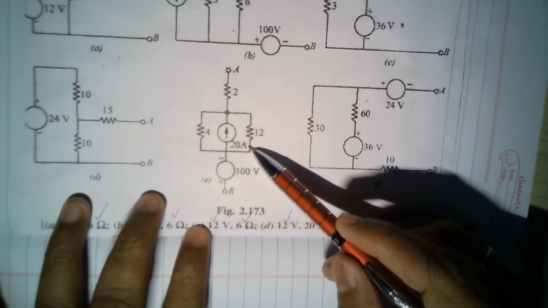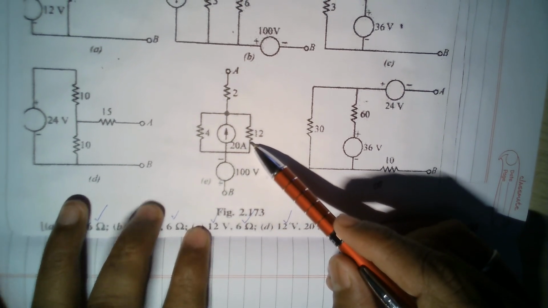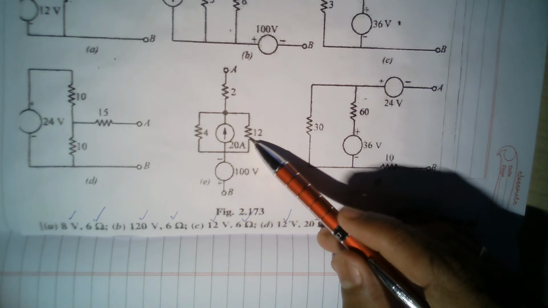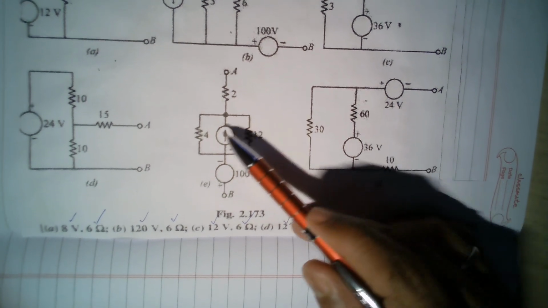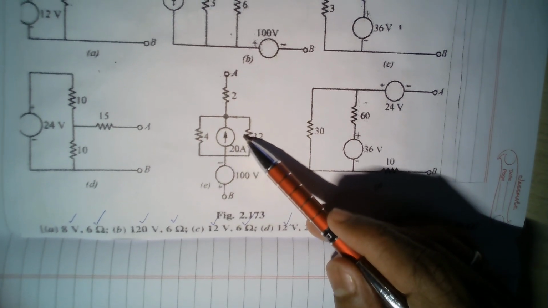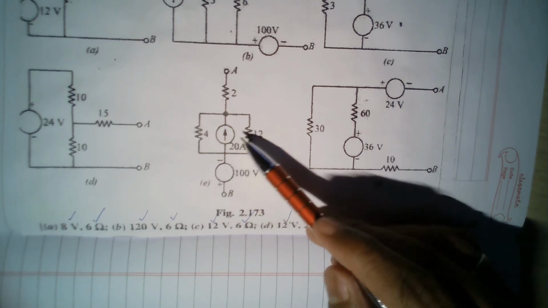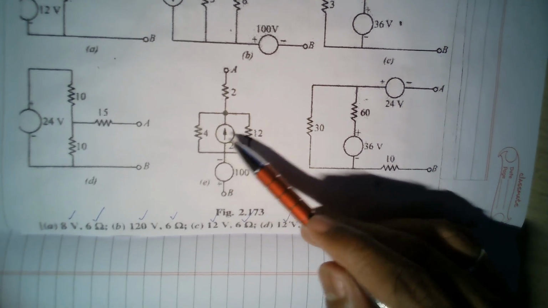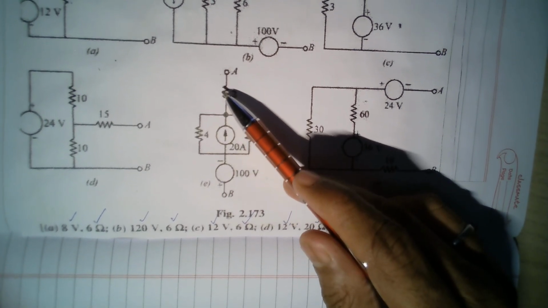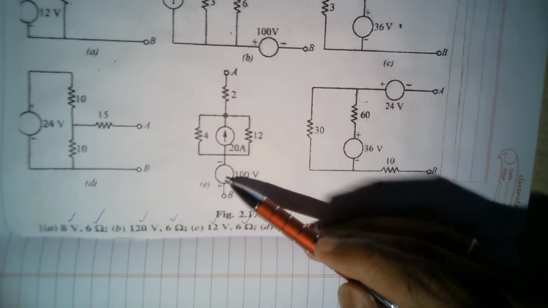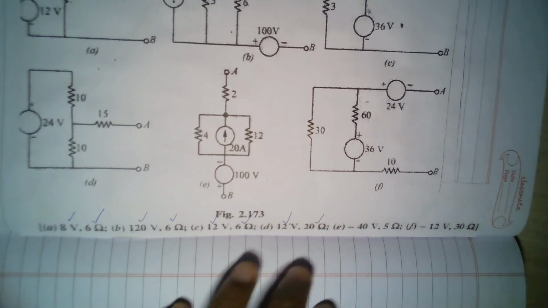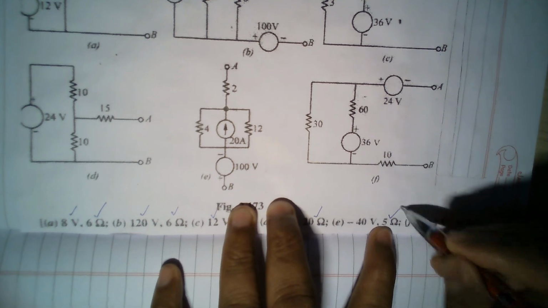So 4 parallel 12. So 4 into 12 divided by 4 plus 12. So 4 into 12 is 48. 48 divided by 16 is 3 ohms. Okay, so the total resistance here is 3. So 3 plus 2 is 5. So total resistance between A and B is 5. Okay, so here we got 5.